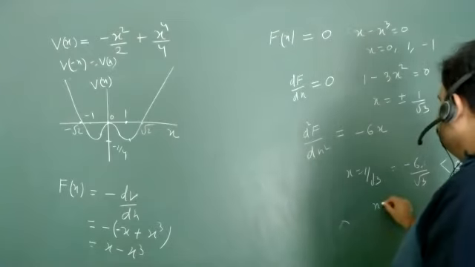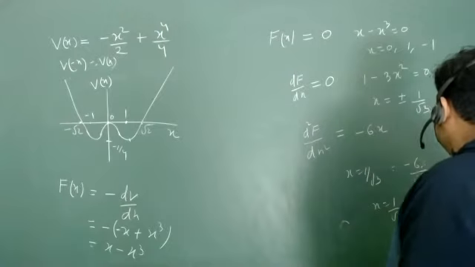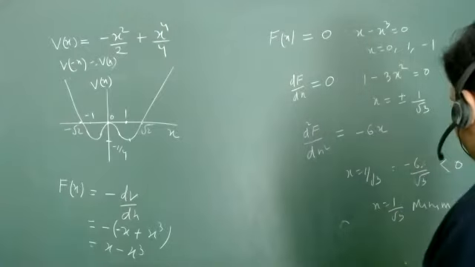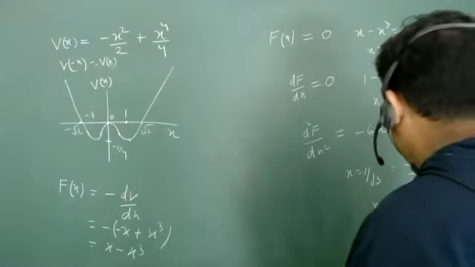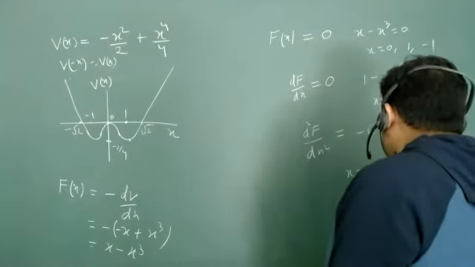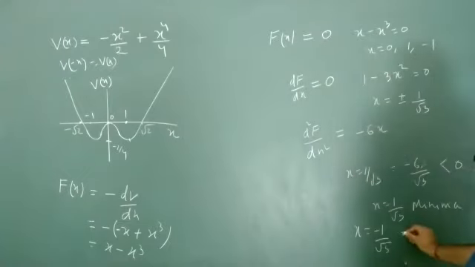So at x equal to 1 by root 3, my force will achieve maxima. And then for x equal to minus 1 by root 3, this value is plus 6 by root 3, which is greater than 0. So this will be minima.